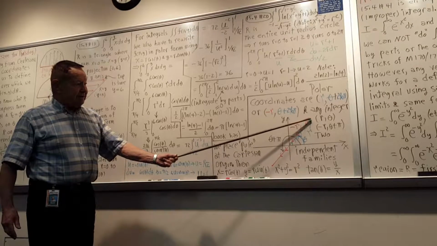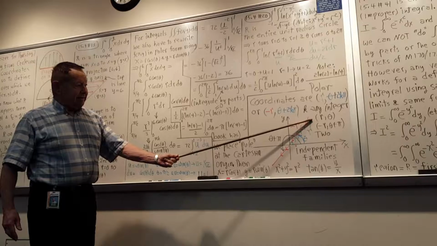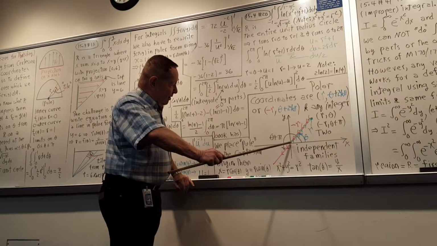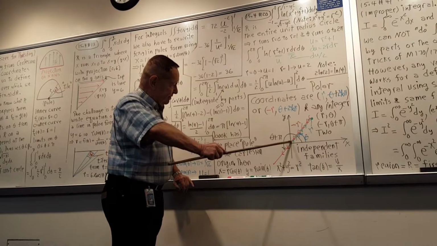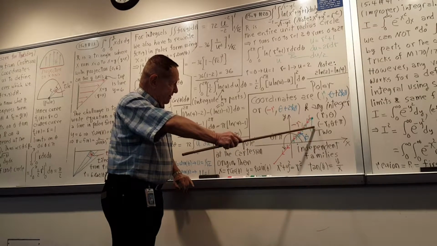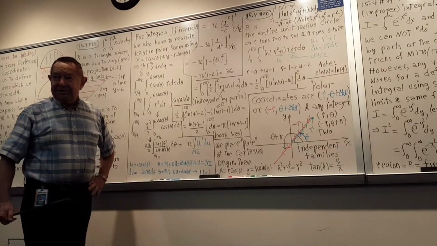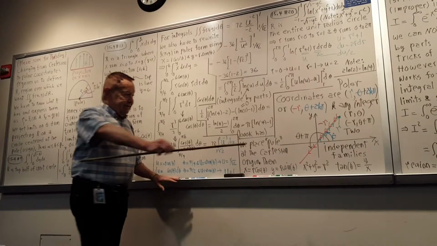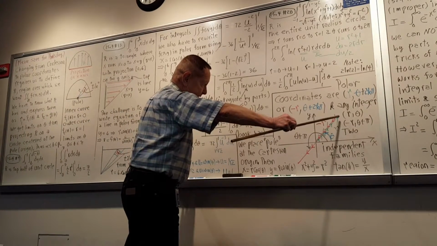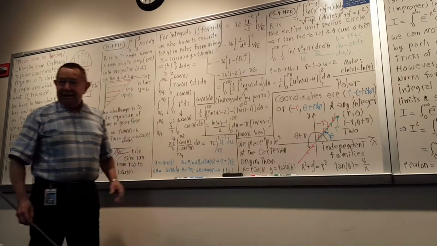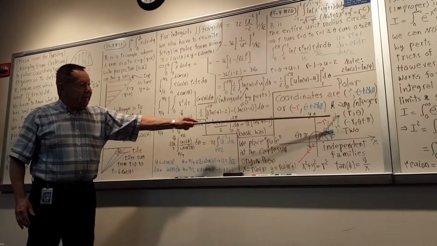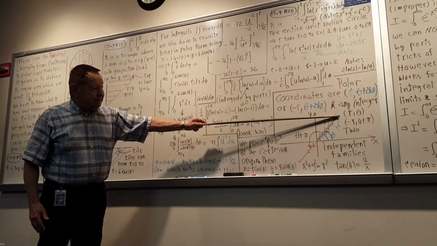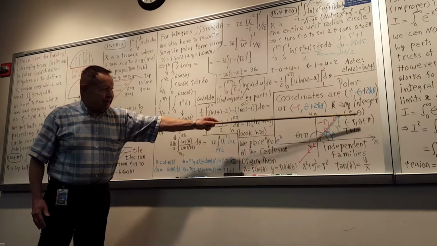If this point is 1, 1 in Cartesian coordinates, I'd walk the distance that's the length of this ray in green, which of course would be square root of 2 because of the law of Pythagoras. 1, 1, root 2. So the r, theta in polar coordinates would be root 2 and then pi over 4.